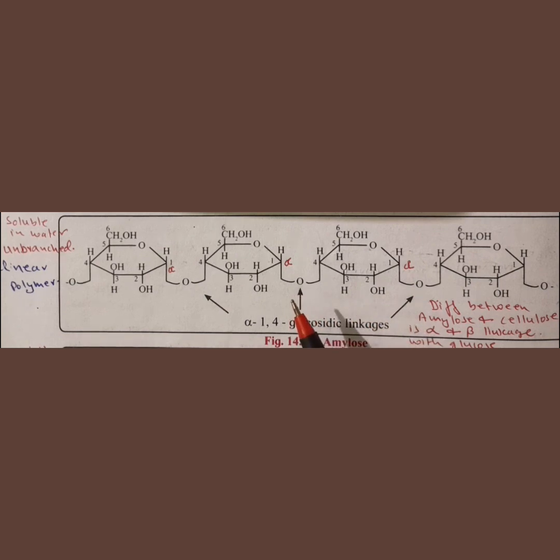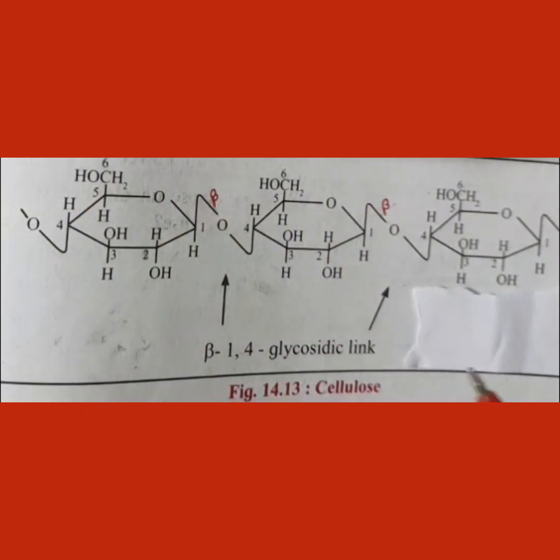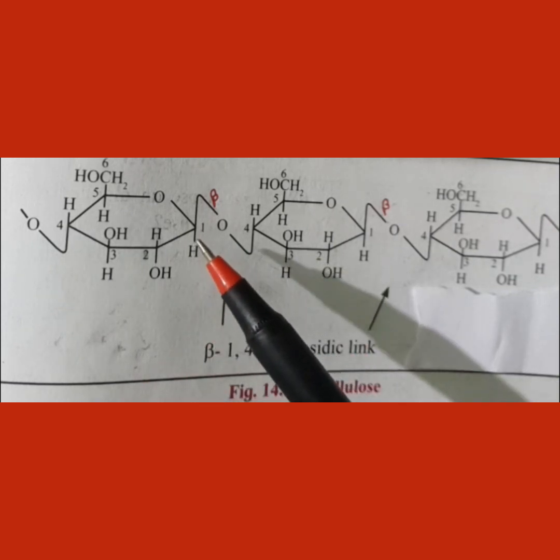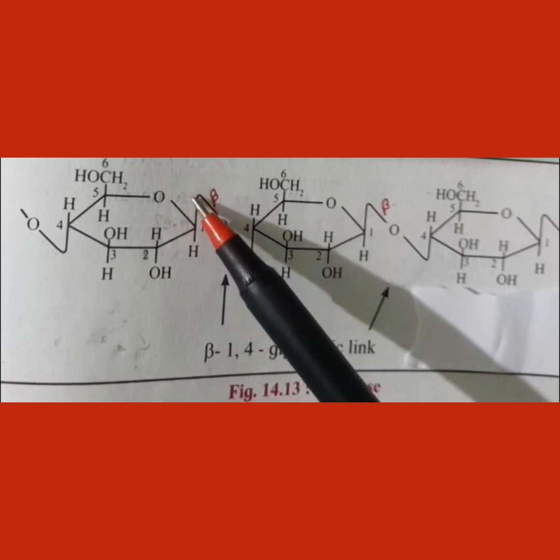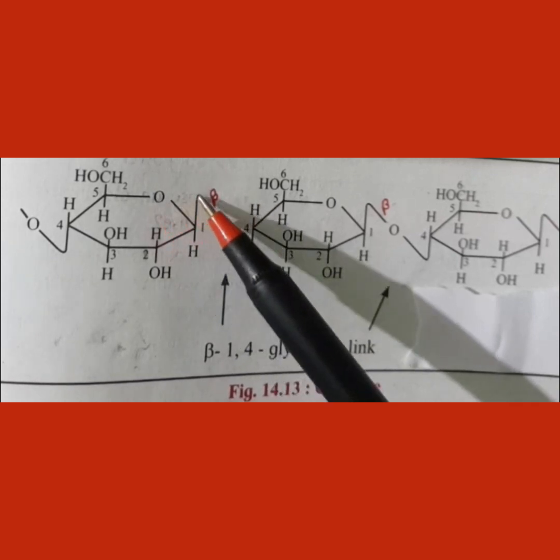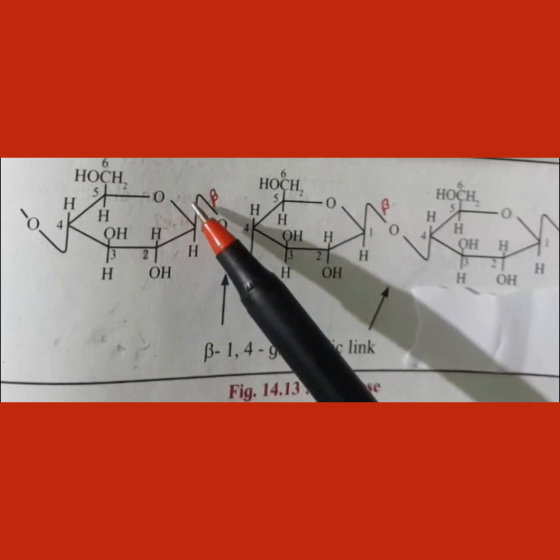Now let's understand what happens if instead of alpha, the next glucose is linked with the beta hydroxy of glucose. This pic also has been picked up from the 12th textbook. Here what we are interested in is beta hydroxy. I had explained that when this OH is closer to this O, we call it beta.